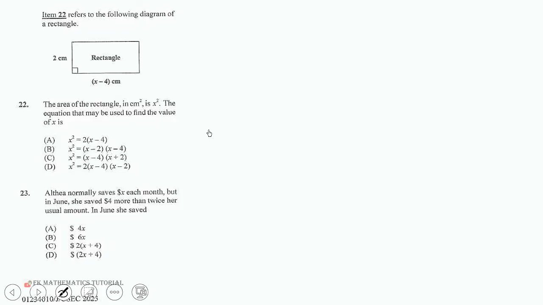Item 22 refers to the following diagram of a rectangle. The area of the rectangle in centimeter square is x squared. The equation that may be used to find the value of x is. So we know that area of a rectangle is length times the width.